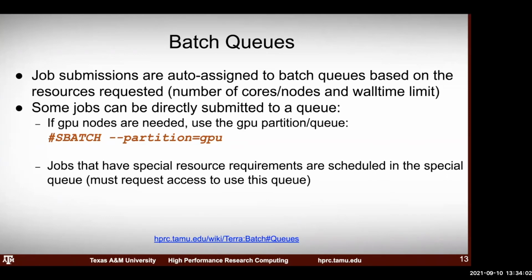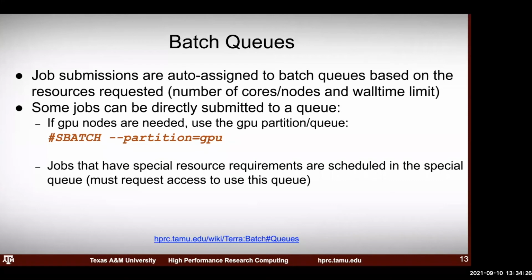bigger jobs. Some jobs can be directly submitted to a queue. The example for that are GPU jobs. So if you're going to use the GPU, you can add that line, partition equals GPU, that says, I want this job to run on a partition that has a GPU. You're also going to see some job cubes in a second that specify how to request GPUs.